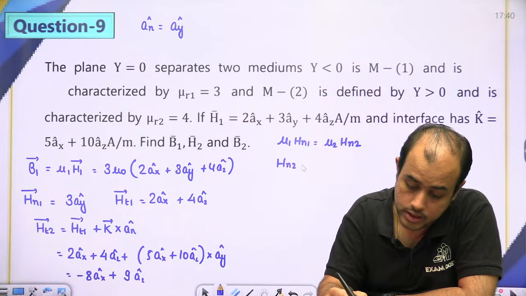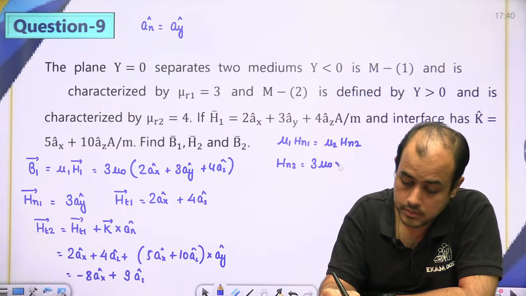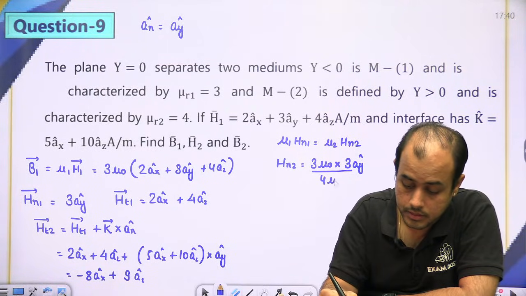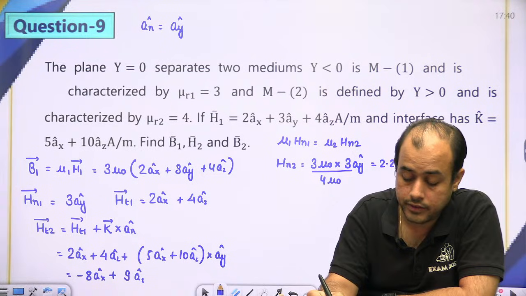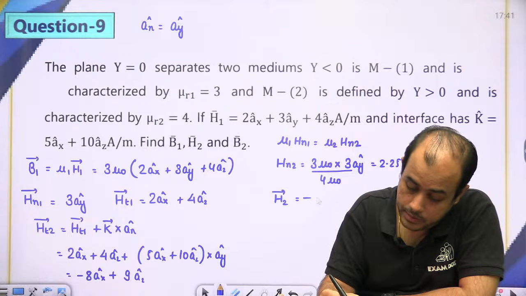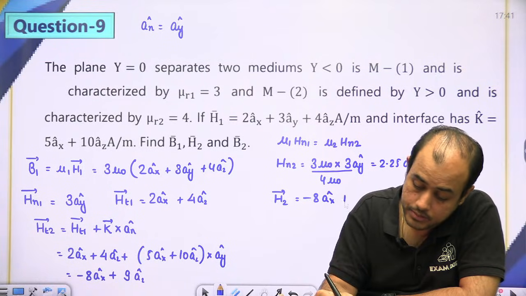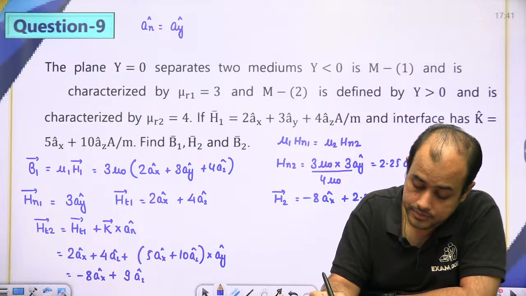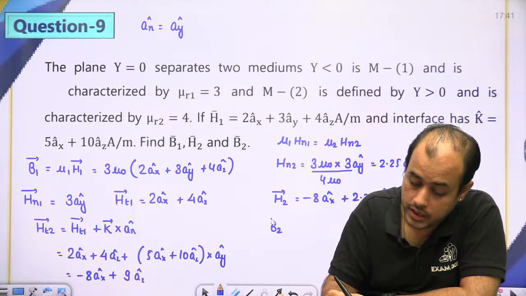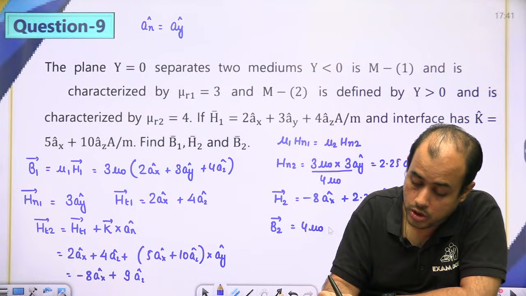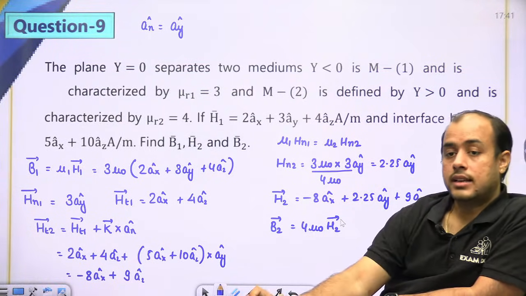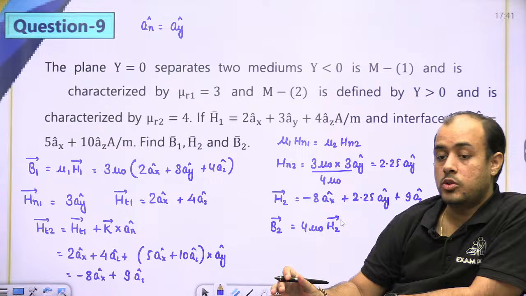What is Hn2? 2.25. So H2 vector will be minus 8ax plus 2.25ay plus 9az. And B2 will be 4 mu naught H2. ठीक है, 4 mu naught H2. Clear हो गया भाई? This is the answer that you are getting.